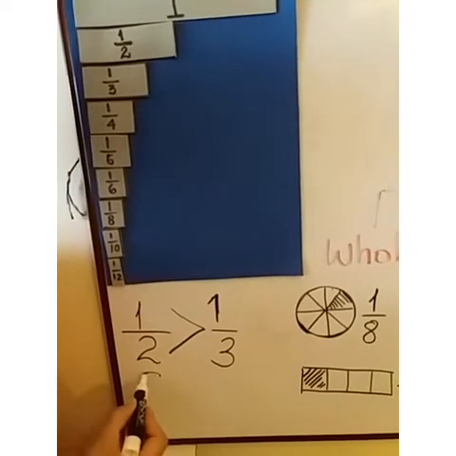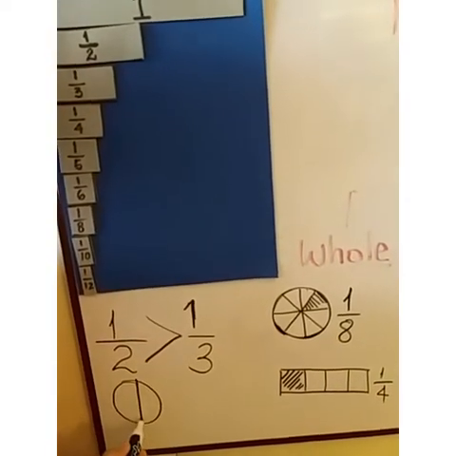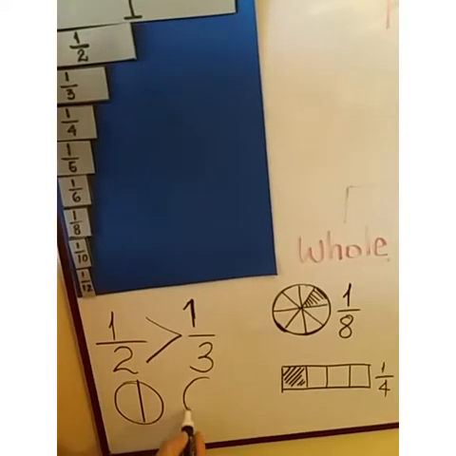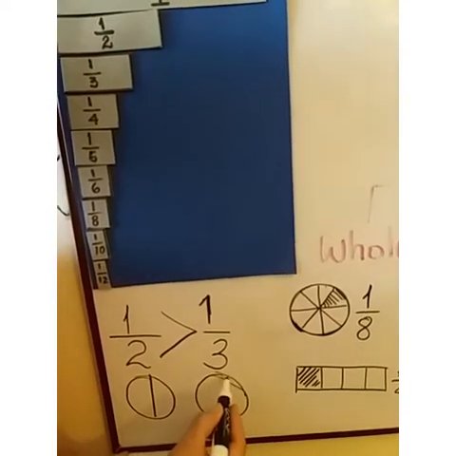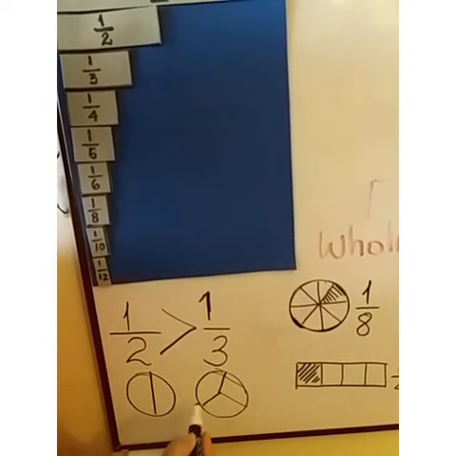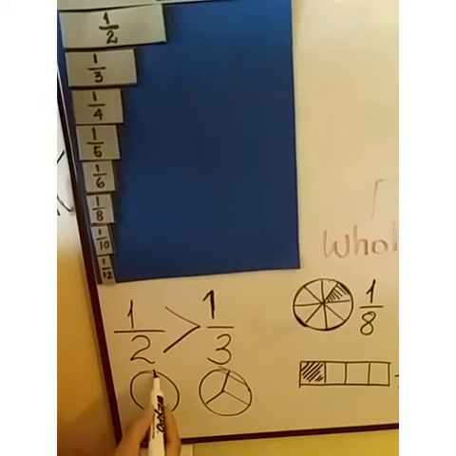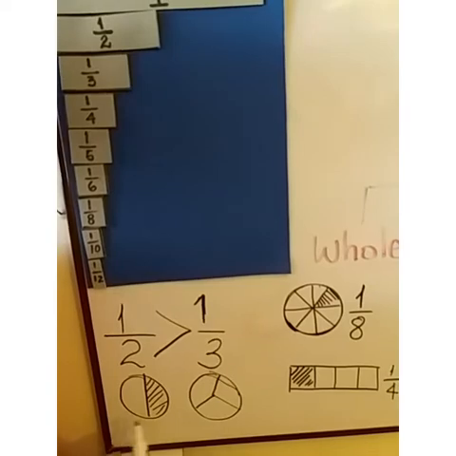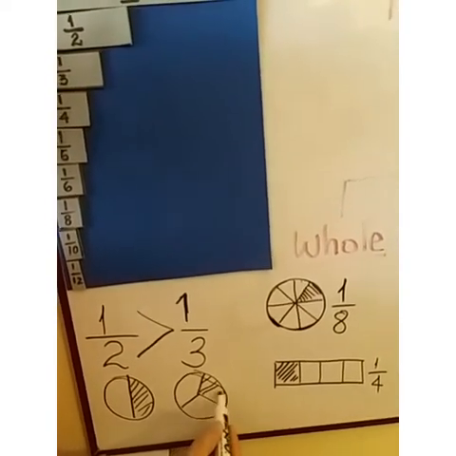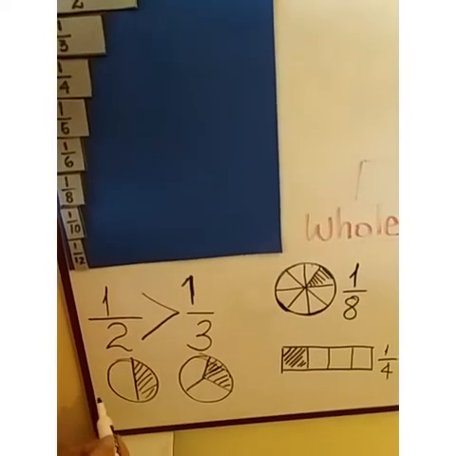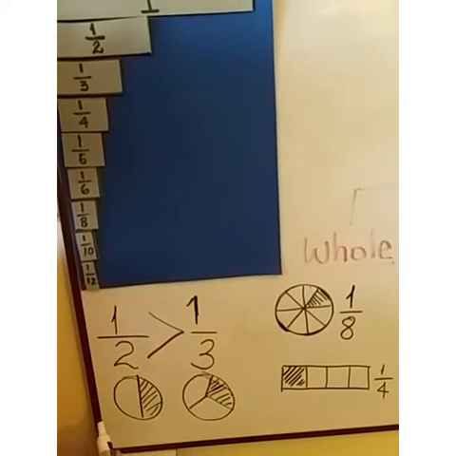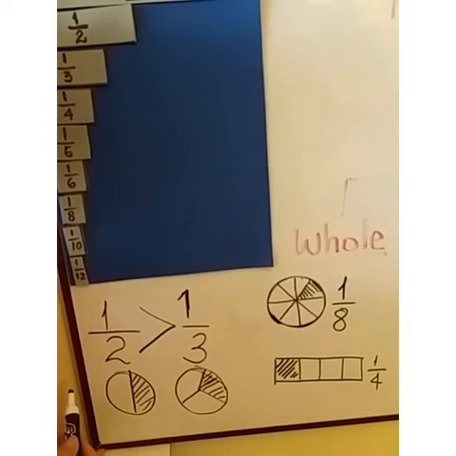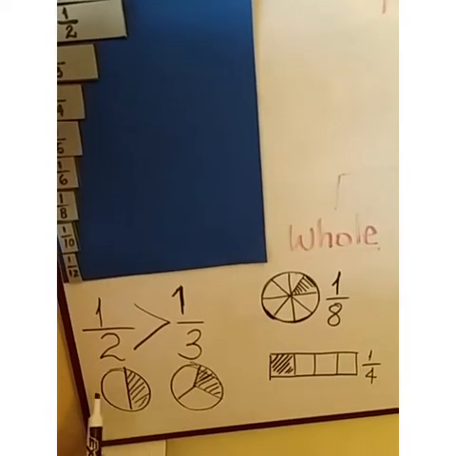You have the cake divided into 2 parts, the cake divided into 3 parts. So in here you eat half of the cake, and in here you eat 1/3 of a cake. Obviously you eat more when you share with someone, not when you have to share with more people.